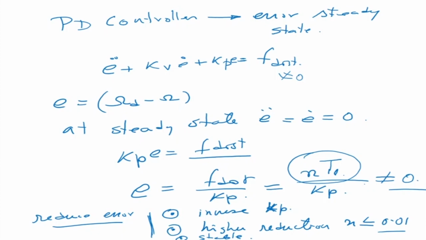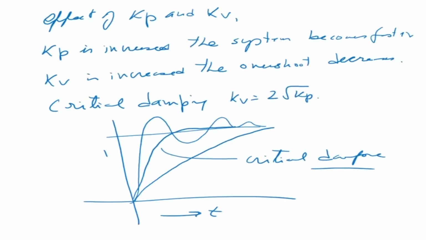Now, if you want to make the steady state error equal to 0, then we have to use a PID controller. In the previous one, we had looked at case 3. Now this is case 4, where we are looking at a PID controller.